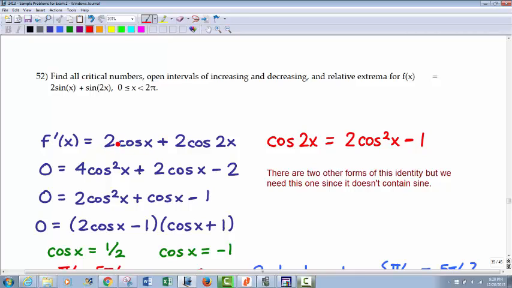Since this first part is a cosine, you want this to be only in terms of cosine of 2x, which leads us to that result. That's why we would pick that one, because that way everything just turns into cosine. So I choose that.